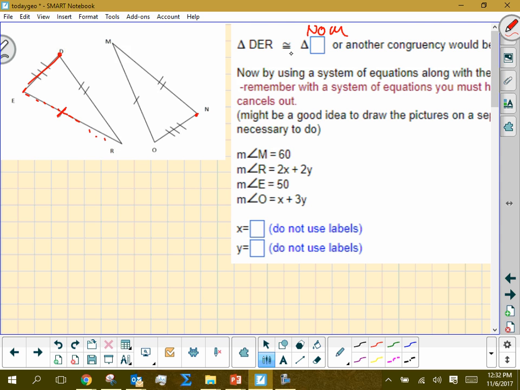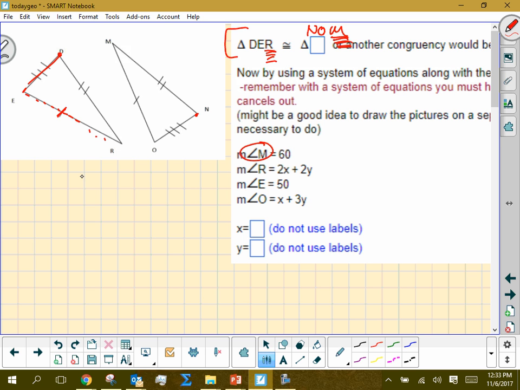Now here's the use of having that name, because in the last class we went ahead and filled things in the picture. But now that I have that name, if I look at angle M being 60 degrees, what should angle M match up to? Angle R, right? They're the last letters. They're corresponding parts.